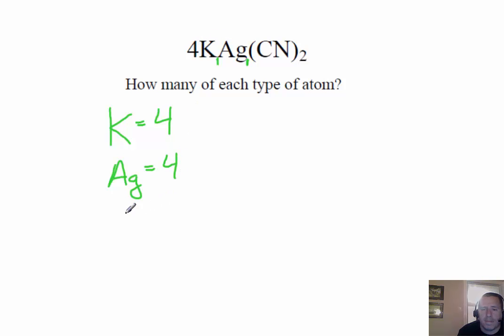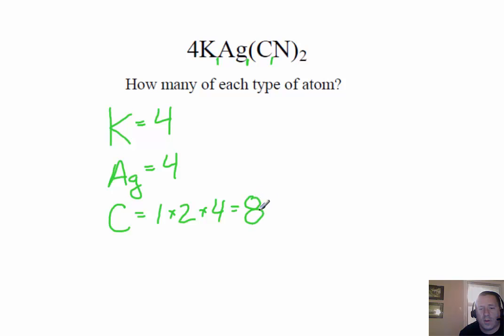Now we go to the C. Is there a subscript? Yes. Is it inside parentheses? Yes. So 1 times 2. Is there a coefficient? Yes, there's a 4. So for this case, it's 1 times 2, which comes from the subscript from the parentheses, times 4, which is in front.